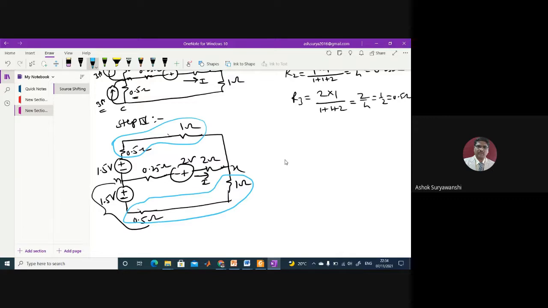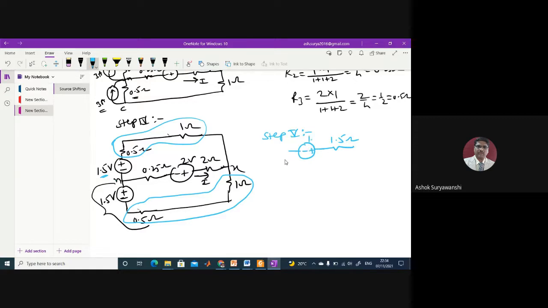So now which step is it? Step 5. In step 5, this 1 plus 0.5 is 1.5 ohm, right? 1.5 ohm, and this 1.5 volt source. Here it is vertical, I will show it horizontal. It is in series, so when horizontal, this will be minus and this will be plus.